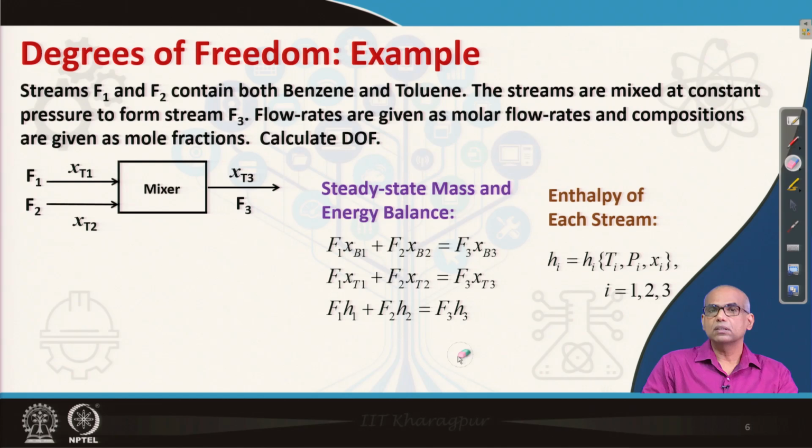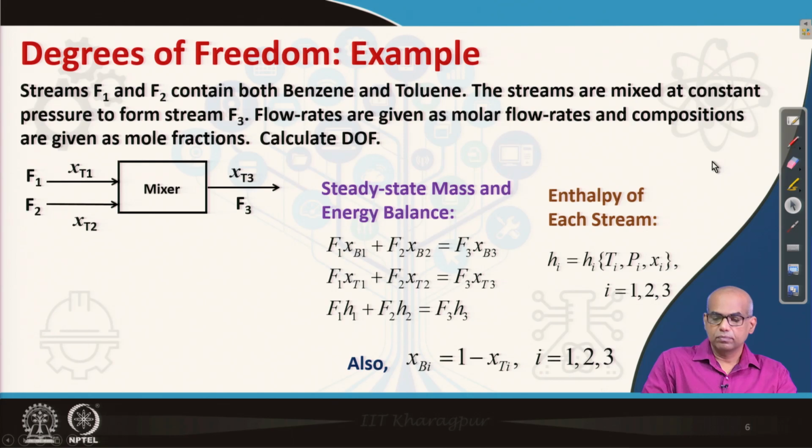So, H1, H2, H3 all are functions of temperature of the stream, pressure of the stream and composition of the stream. We also have the relation that the sum of the mole fractions equals 1. So, Xb1 equal to 1 minus Xt1, Xb2 equal to 1 minus Xt2, Xb3 equal to 1 minus Xt3.